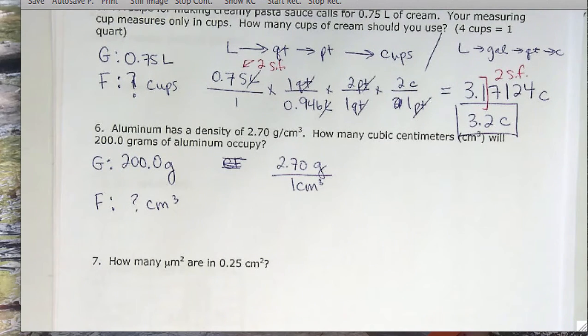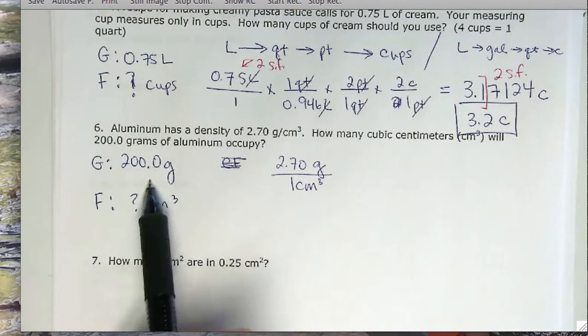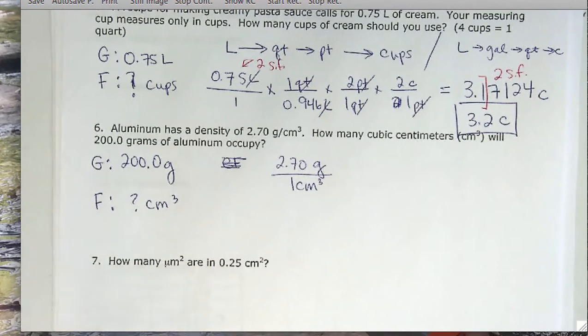So just step back and look at this. A lot of this is like puzzles. You're trying to put things together, get things to fit. You have these two given things. You're asked for cubic centimeters. You have cubic centimeters right here. You have grams here. So it's just a matter of flipping it and setting it up correctly.